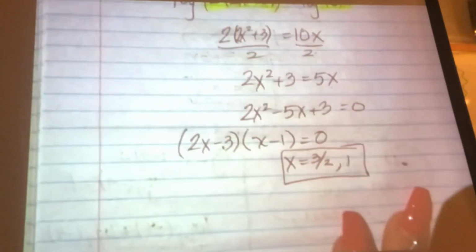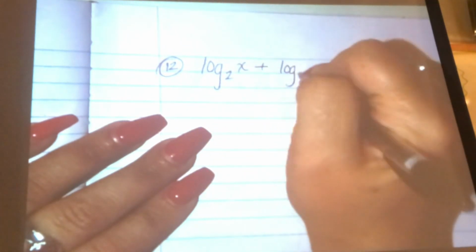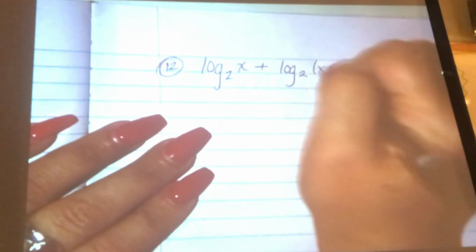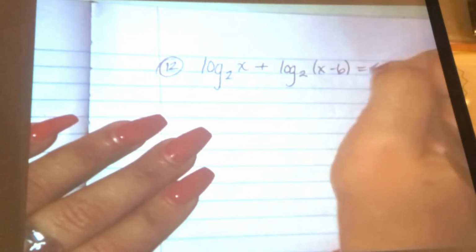Let's try another one together, number 12. Log base 2 of x plus log base 2 of x minus 6 equaling 4.